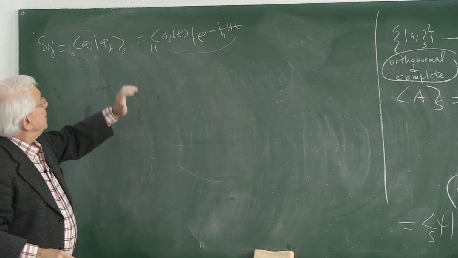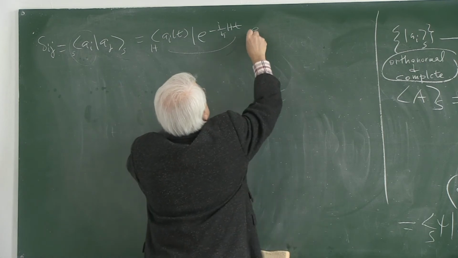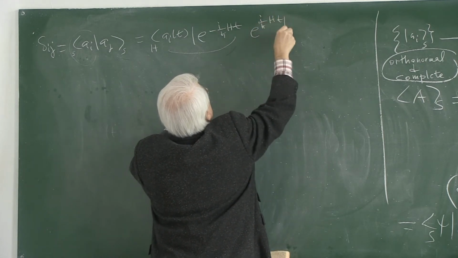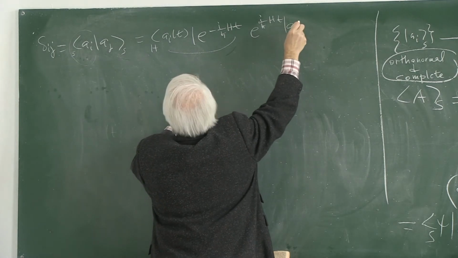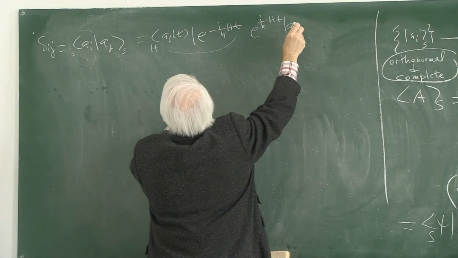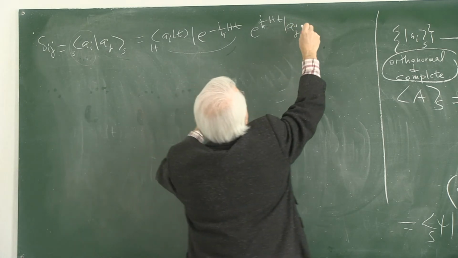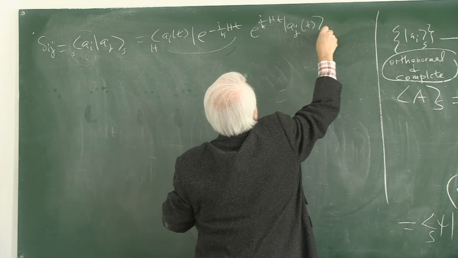And what is this vector? This vector is e to the plus i over h bar Ht AJ, right? I'm writing the inverse, that's the reason why it's plus t Heisenberg.